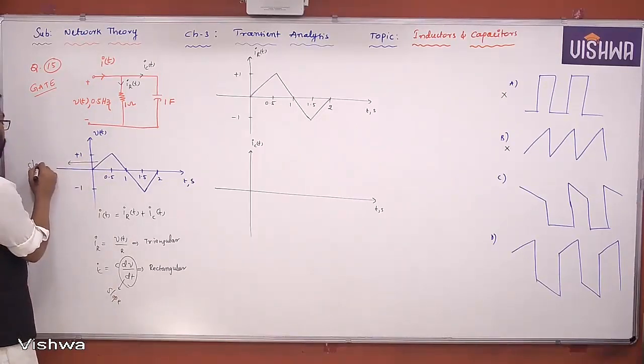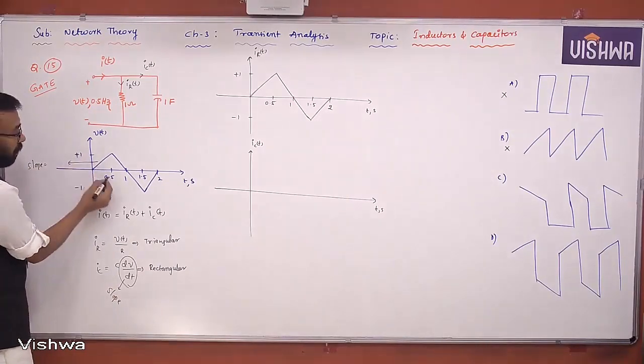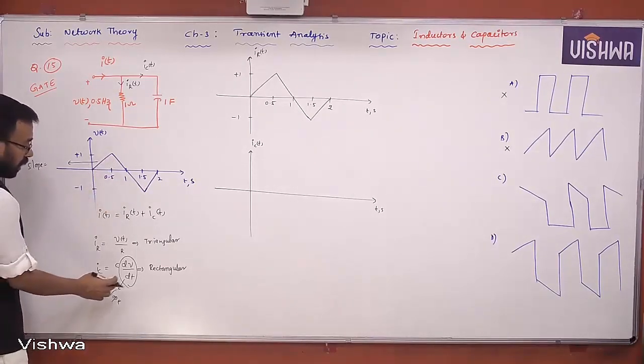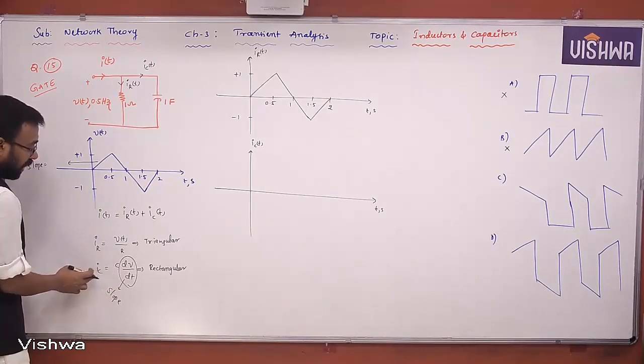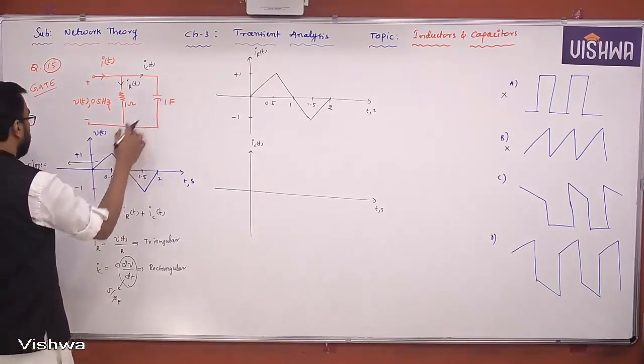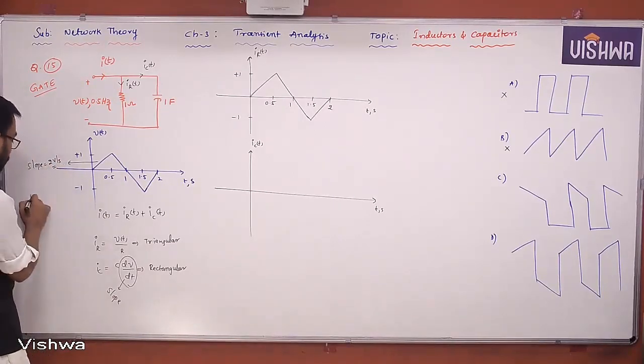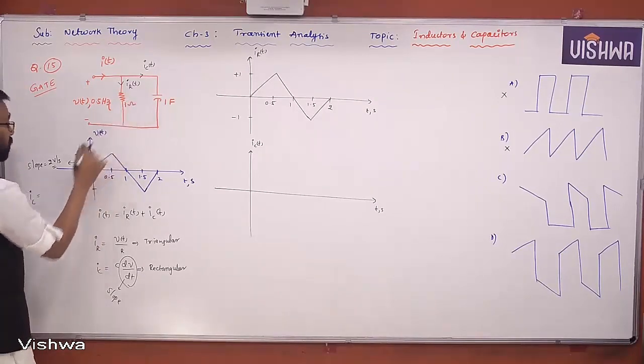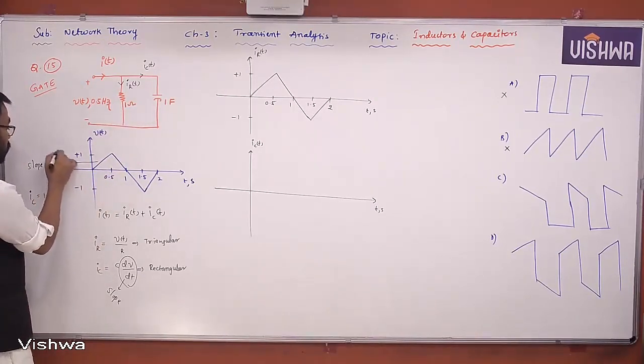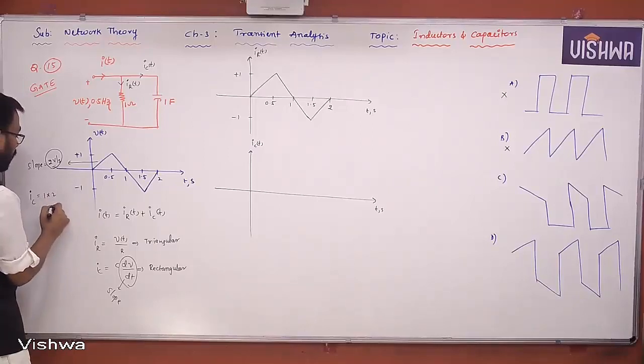The slope is 1 by 0.5, which is 2 volts per second. Since C is 1 farad, IC is the slope times 1, so again you will get 2 amperes.